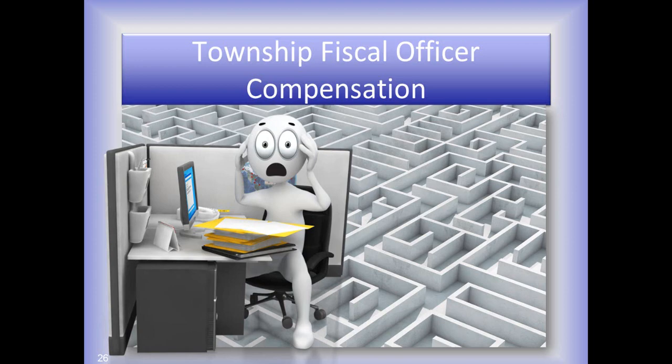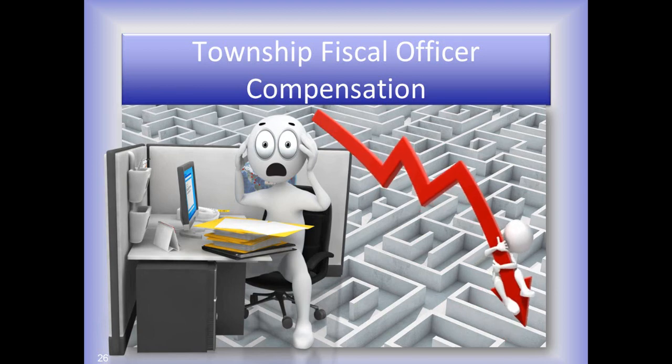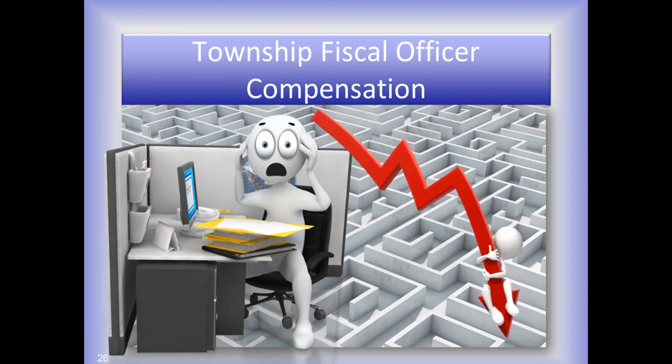The controlling factor for the amount of compensation is the township budget and not actual receipts and expenditures. The budget is the amount of money that the township's county budget commission certifies available for expenditure during the next fiscal year, as shown on the township's most recent amended certificate of estimated resources.